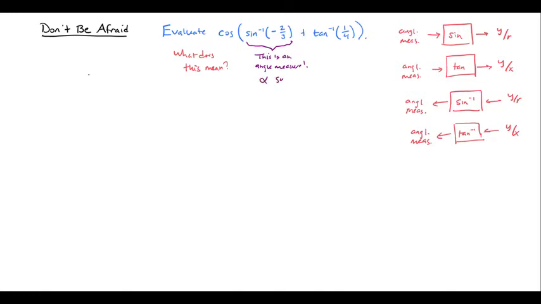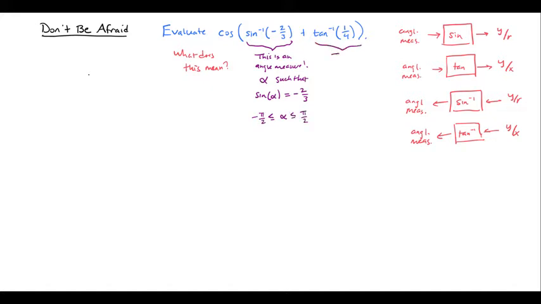It's some alpha such that the sine of alpha is equal to negative 2/3. That's what it means to be the arcsine or inverse sine of negative 2/3. It's whatever angle measure I had to take the sine of in order to get negative 2/3. And that angle measure has to be between negative pi over 2 and pi over 2.